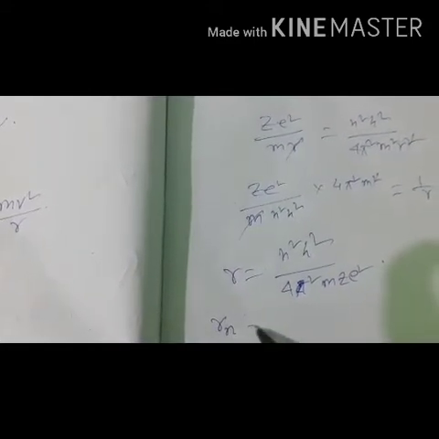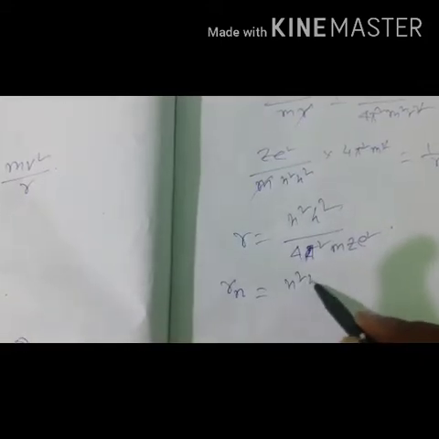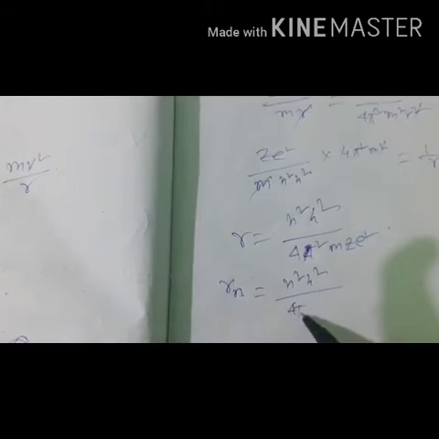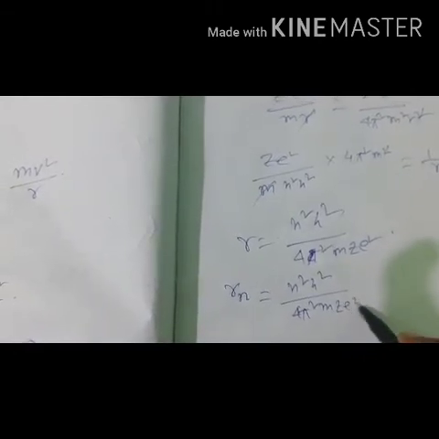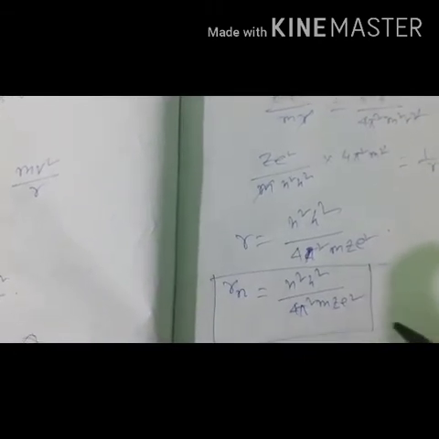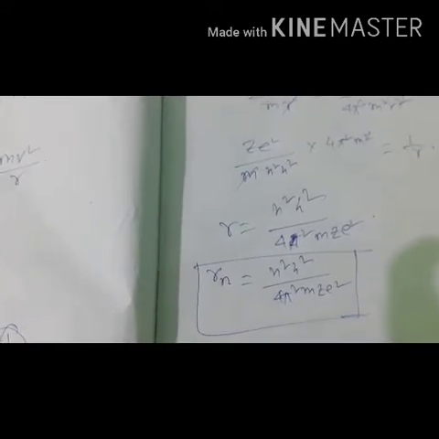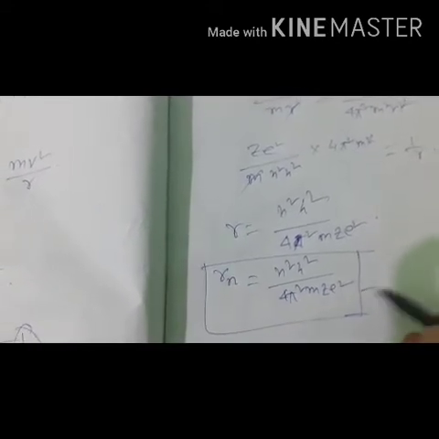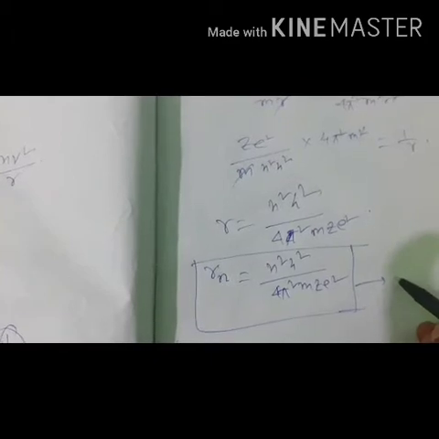That means the radius of the nth orbit of an atom will be given by this formula: Rn equal to n square h square divided by 4 pi square m Z square. This is the general expression we have derived.